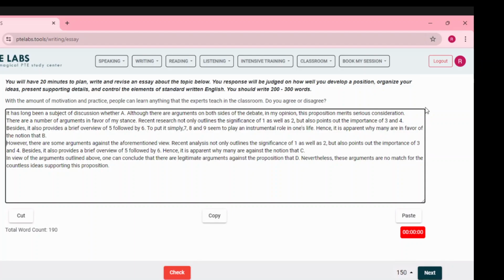And there are 5 words. For example, problems, solutions, effects, issues, and causes. If you can find any of these words from the given topic, then that is a problem and solution essay. That's how you are going to find the essay category.